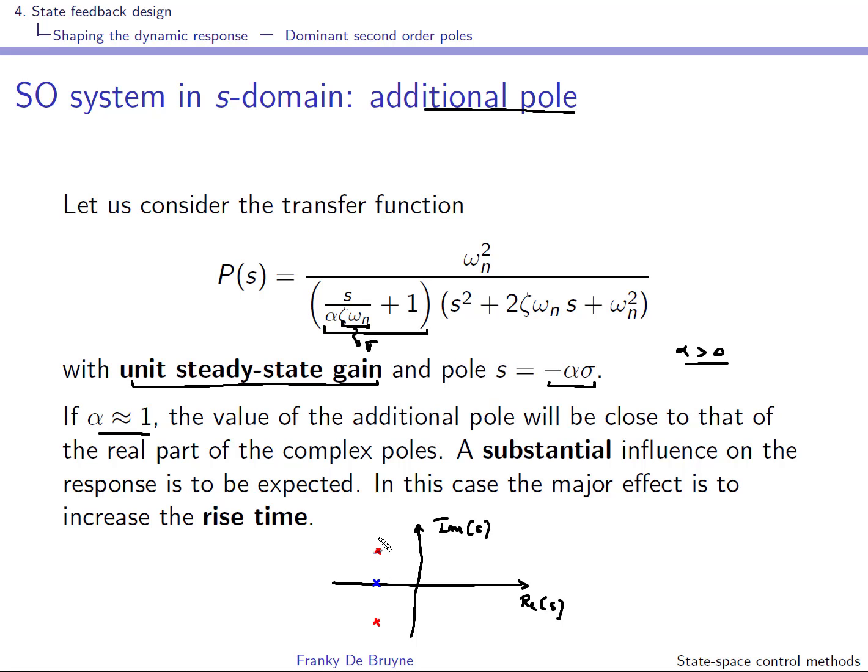It's a real pole, and in this case you can expect a substantial influence. The major effect will be that you will slow down the system, and this will increase the rise time.